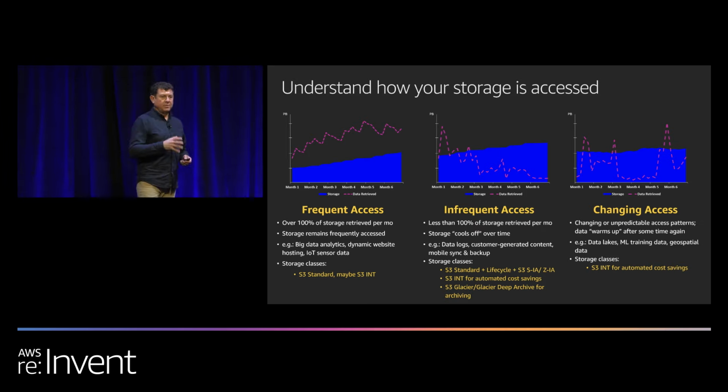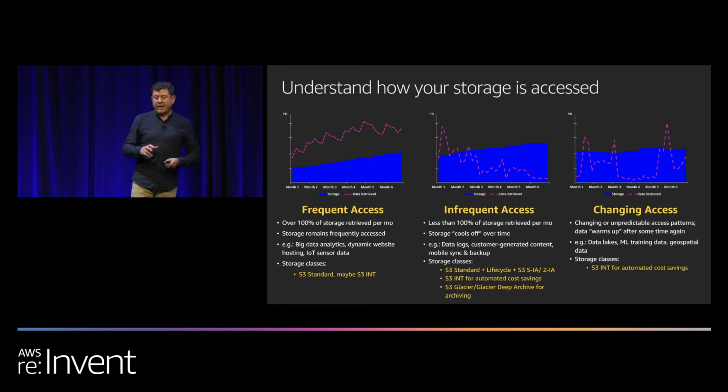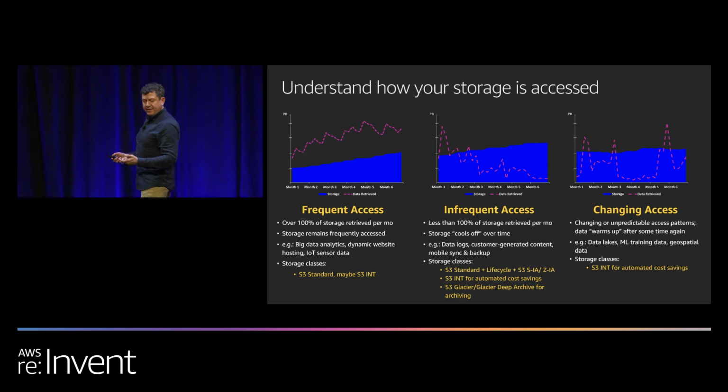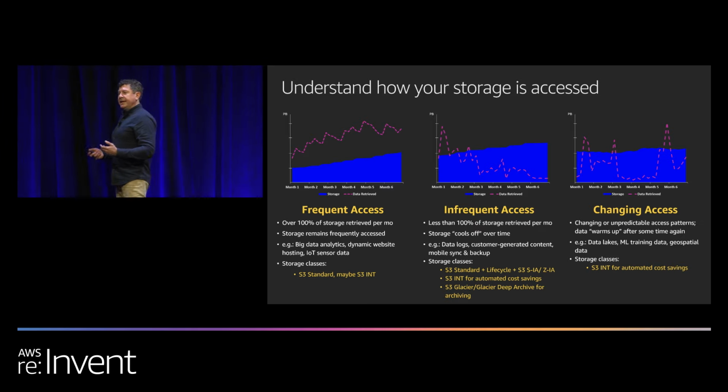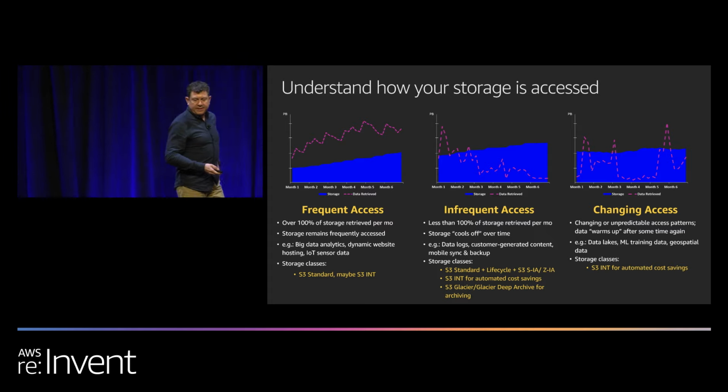That might be S3 Standard, and then leveraging a lifecycle policy to move that down to infrequent access. It might be S3 Intelligent-Tiering and just let us do that for you, right? Get automated cost savings. And then ultimately, at some point, depending on the value of that data, you likely want to move that off to Glacier or Glacier Deep Archive. And I'll talk a bit about how to think through exactly what that policy should look like.